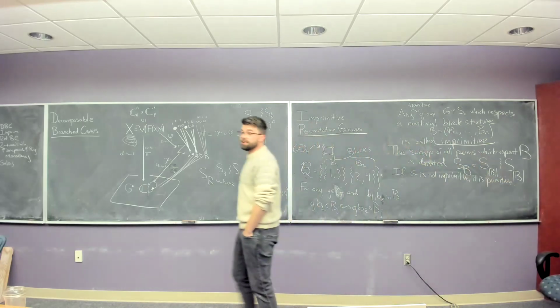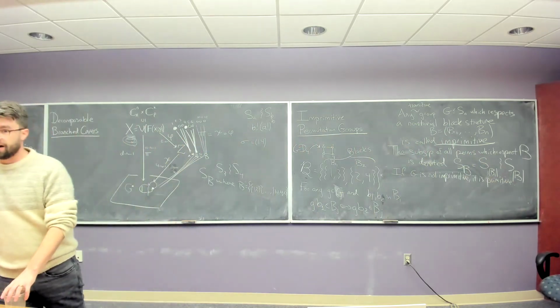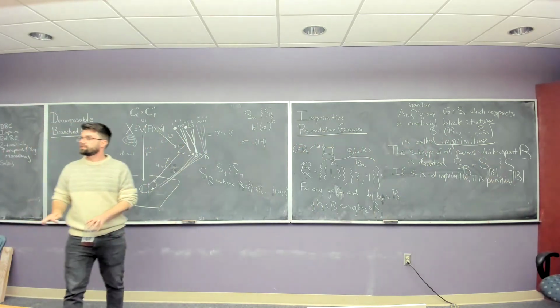If G is not imprimitive, we call it primitive. Again, only if it's transitive, otherwise we don't even talk about this adjective.